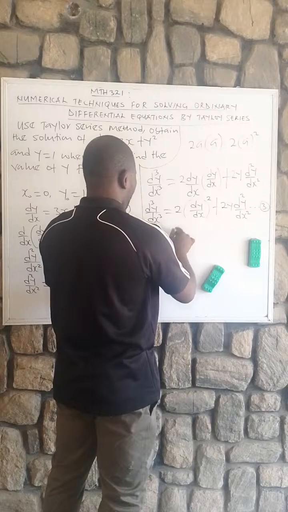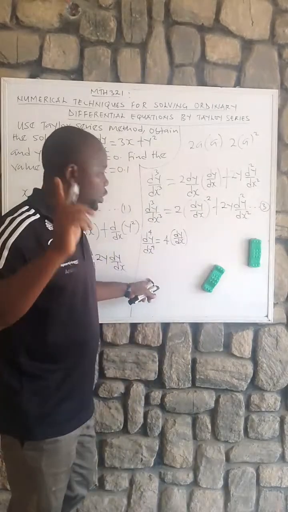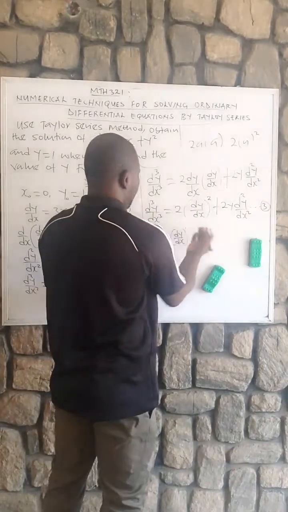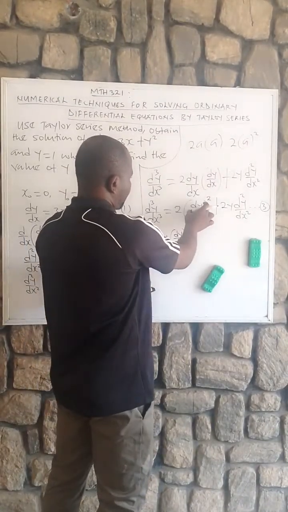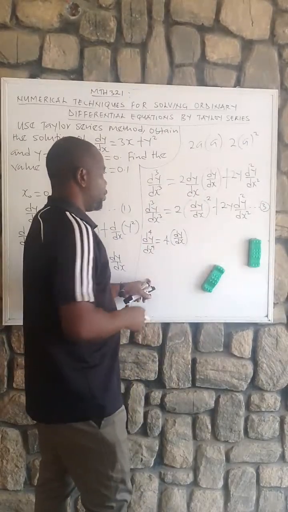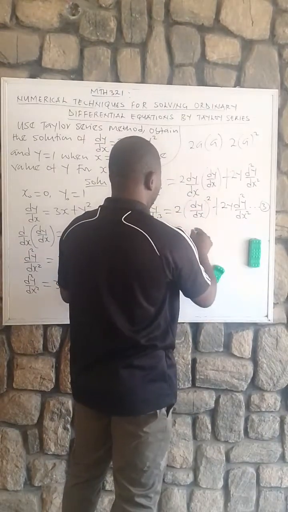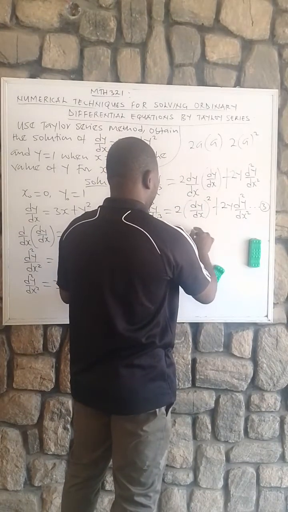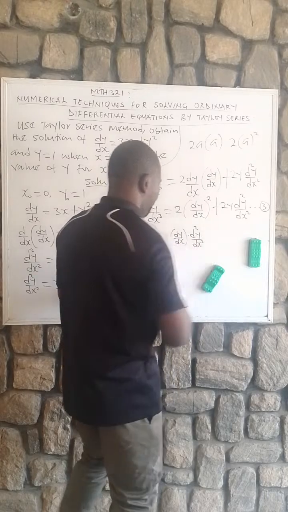We are going to have 4 open bracket dy over dx to the power of 2 minus 1 is 1, so it is not necessary to put the power 1. Then you come back to the function inside and differentiate it, times d squared y over dx squared.